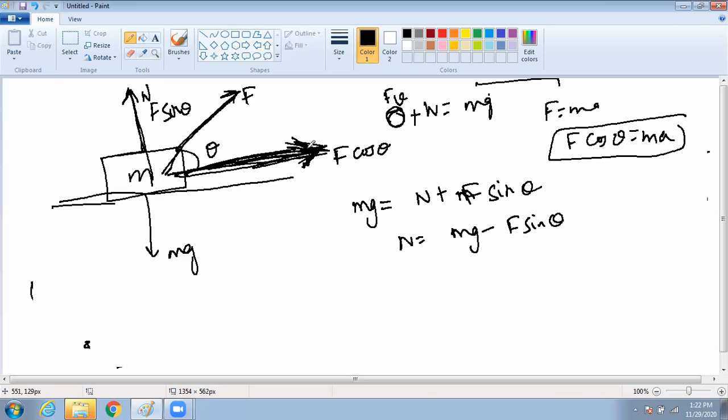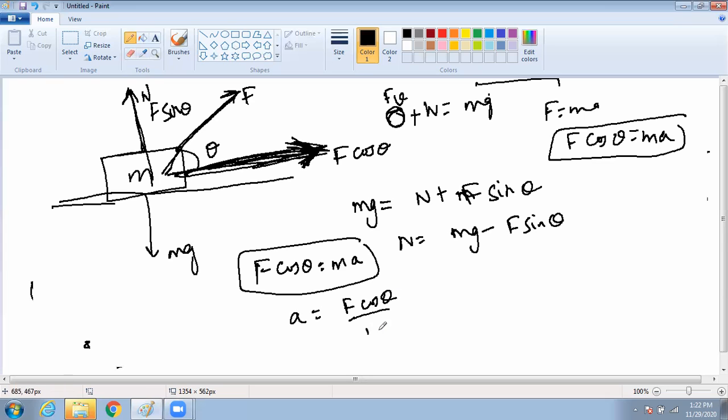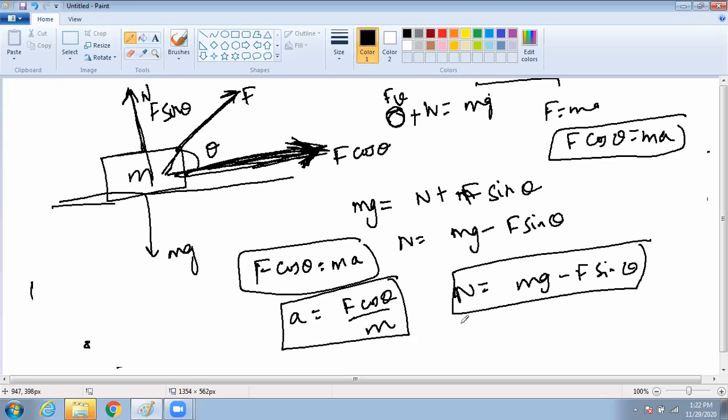So F cos theta is equal to ma. So A is F cos theta by m, and your N is equal to mg minus F sin theta. Very, very important. Please note down. It will come in your exam.